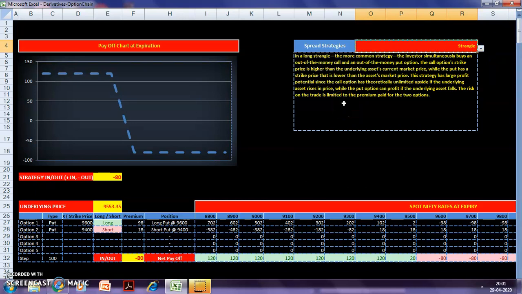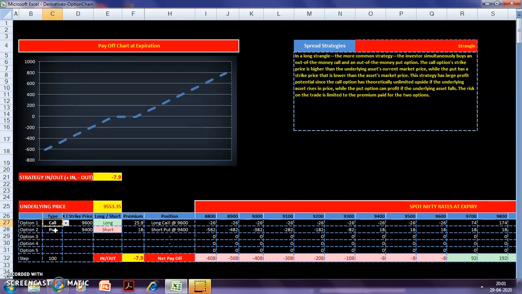We can look at a strangle. Now a strangle is like you buy an out of the money call and an out of the money put. So let us buy that. We buy an out of the money call.